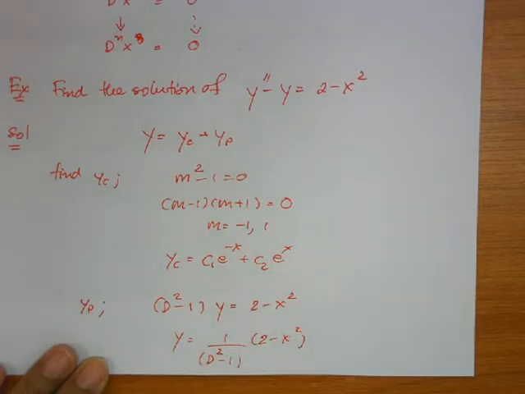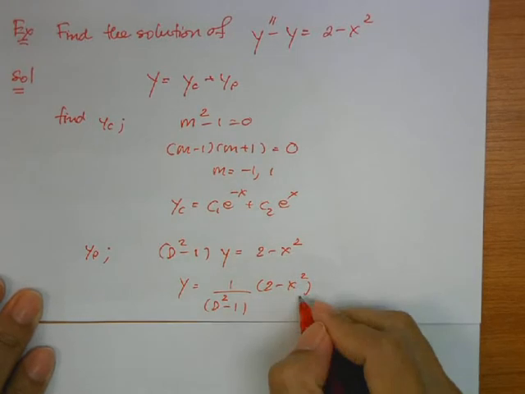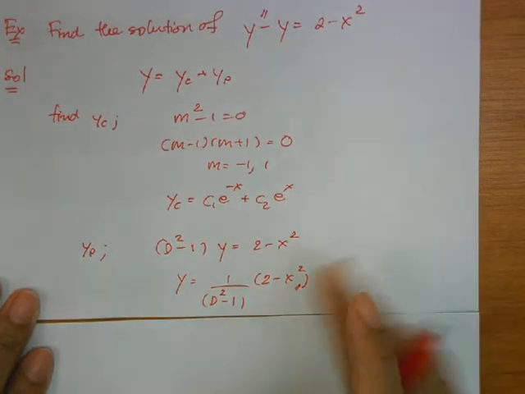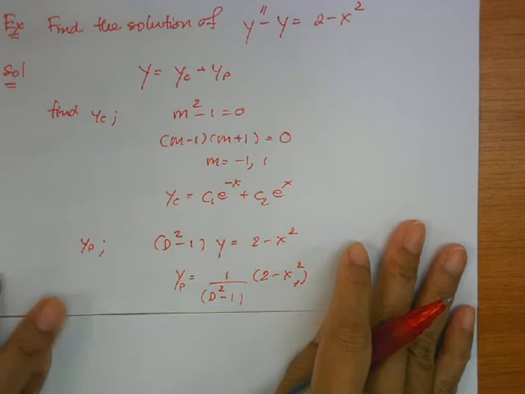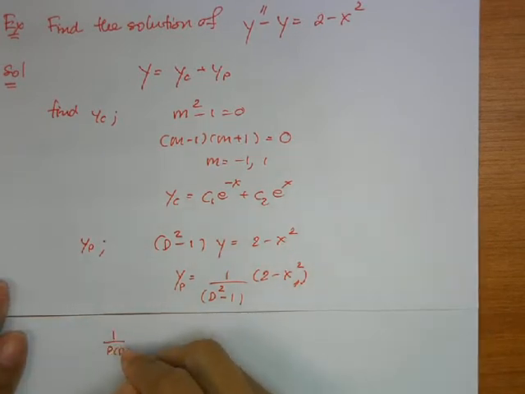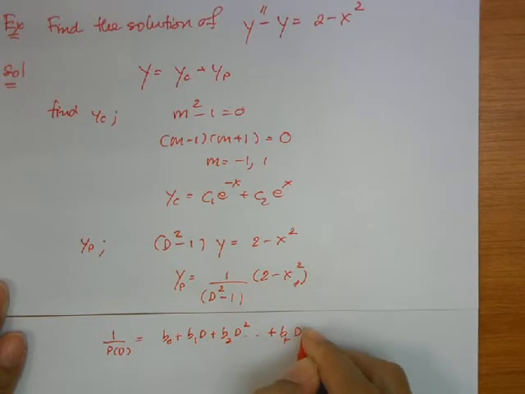like this. And then I say that, okay, I know that x to the power 2, or x squared, is fitting with our first case, which is the power of x. So I'm going to find yp by using the first case of the shortcut. It's saying that if we have 1 over PD, we are going to write it down in the form of b0 plus b1 D plus b2 D squared plus up to bk D to the power k.